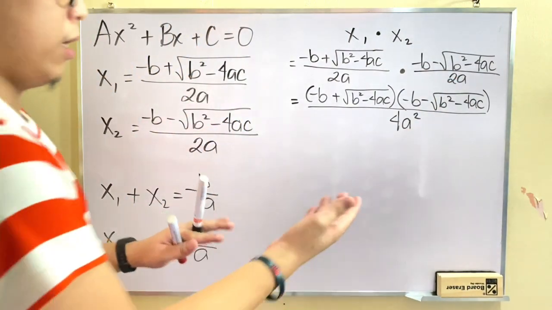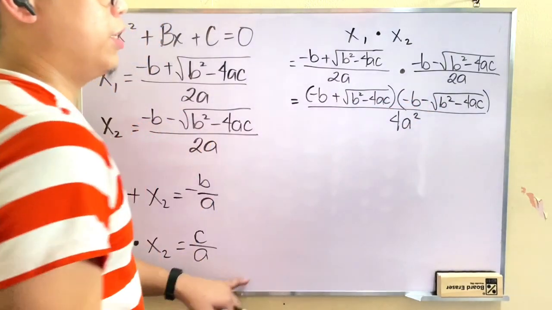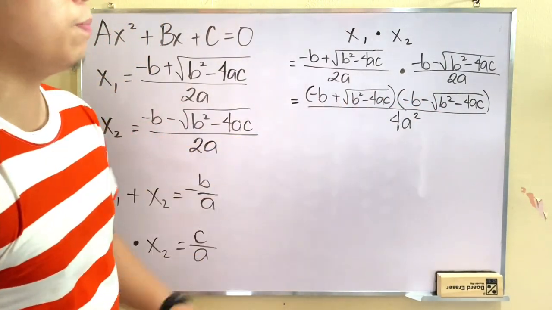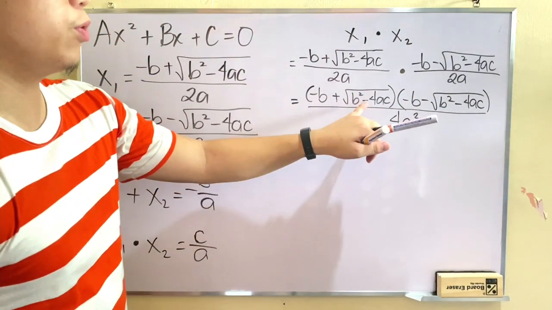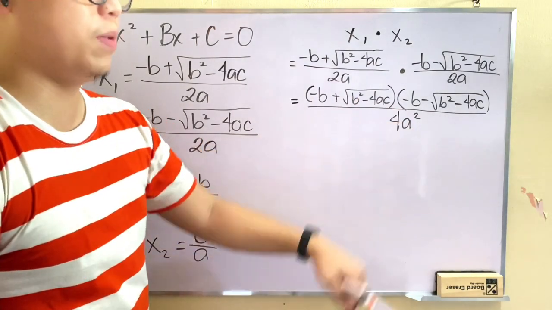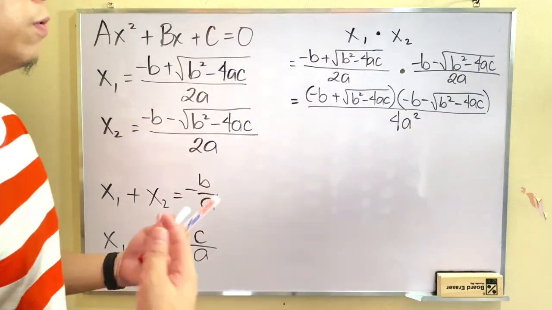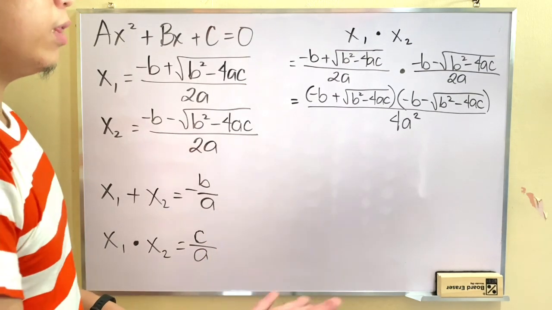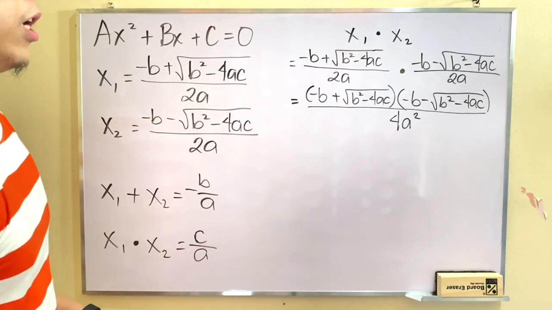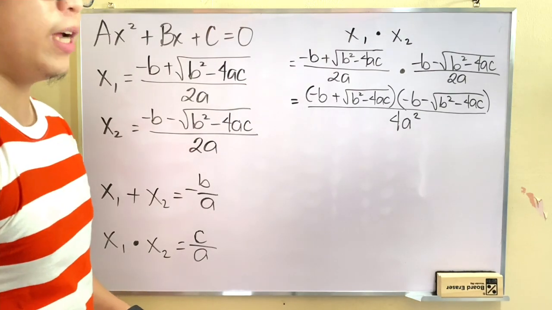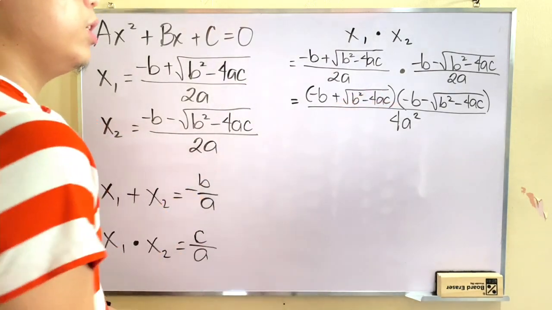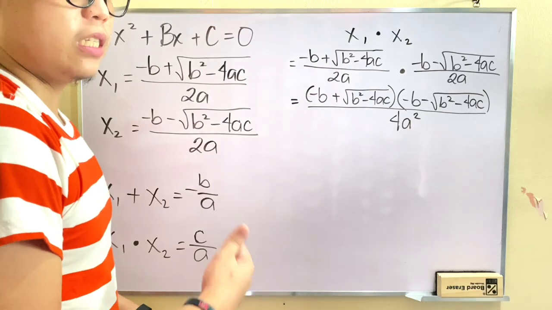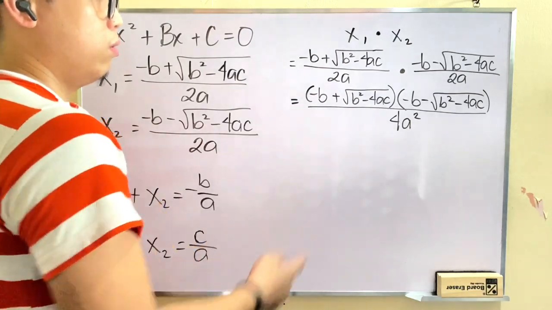Next, parang medyo critical, di ba? Or medyo mahirap i-multiply ang negative b plus square root of b squared minus 4ac at negative b minus square root of b squared minus 4ac. So, meron tayong maaaring gawin. FOIL method or multiplication of sum and difference of two binomials. So, ang pinakamadali dito is multiplication of the sum and difference of two binomials.